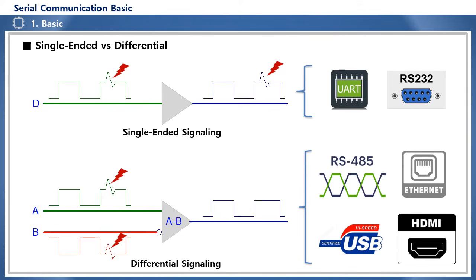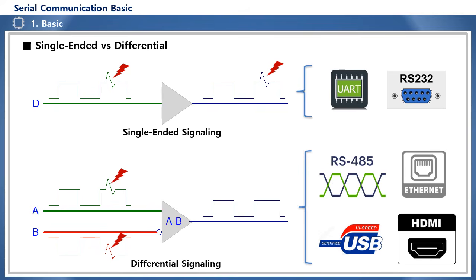In the method of processing transmission signals within a communication line, we will look at single-ended and differential signaling. Single-ended is the most common signal transmission method that communicates by swinging the voltage from 0 to 5 volts or more on a single line. If external noise enters the signal line, the noise signal directly affects the receiving end, which can cause malfunction or data errors.